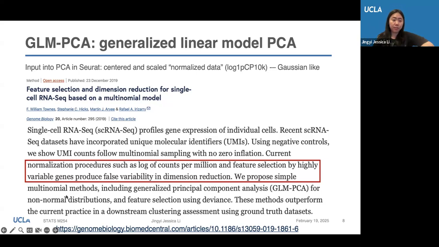They propose simple multinomial methods, including generalized principal component analysis for non-normal distributions, like the original count data. You can do PCA on count data directly, and feature selection using deviance. So it's basically modifying Gaussian data like PCA into count data like GLM PCA.